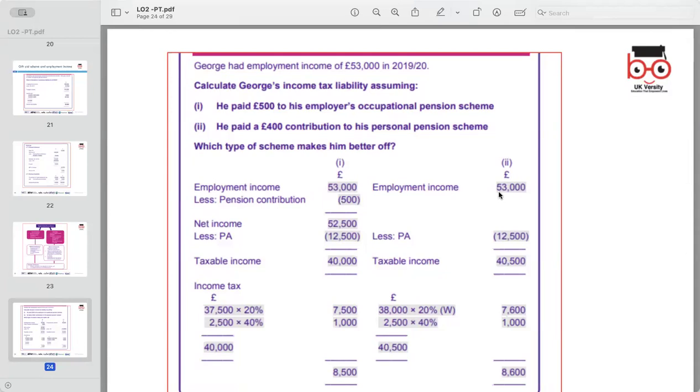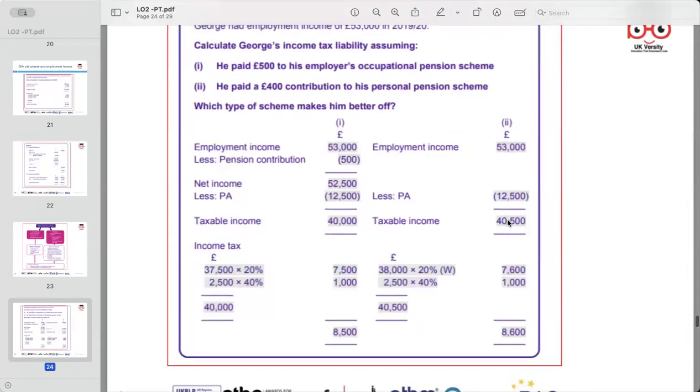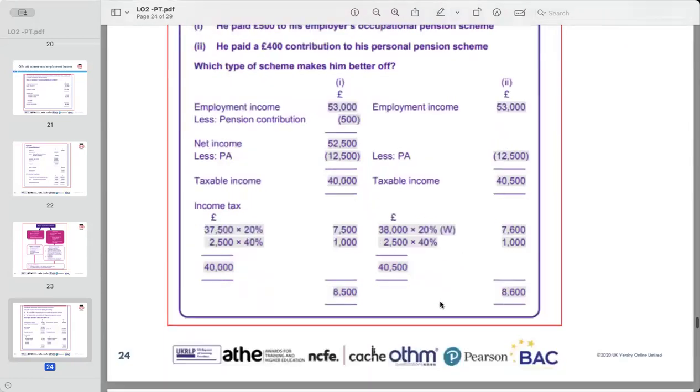Comparing the two scenarios, George's income tax liability is 100 pounds higher when he contributes to his personal pension scheme instead of his employer's occupational pension scheme. Therefore, contributing to his employer's occupational scheme makes George better off in terms of reducing his income tax liability for the tax year 2019/20.